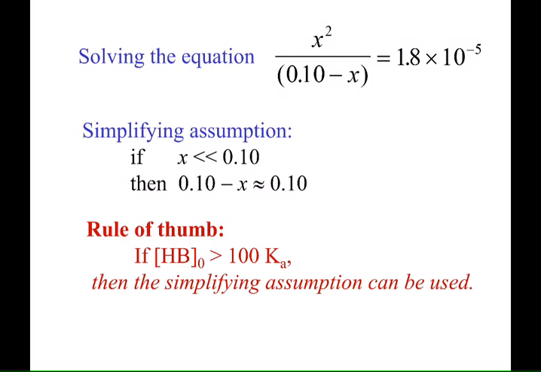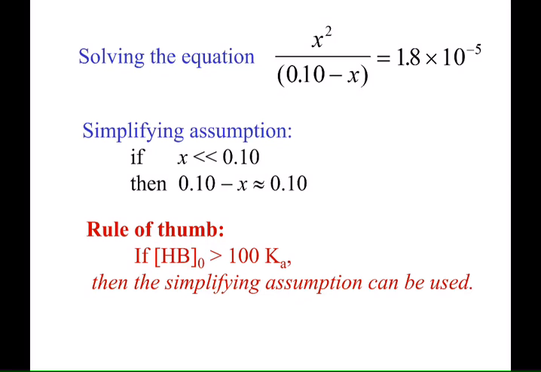So this says, well, when is that a good thing to do? Well, in general, if the Ka of your weak acid, remember this is HB is just our weak acid. In this case, HB is our CH3COOH. Okay? If that Ka, take it times 100, so let's see, 1.8 times 10 to the negative 5th times 100 is 1.8 times 10 to the negative 3rd. Okay?